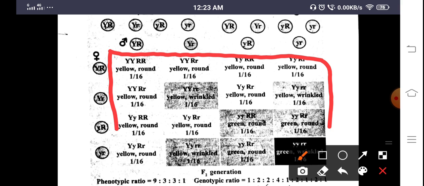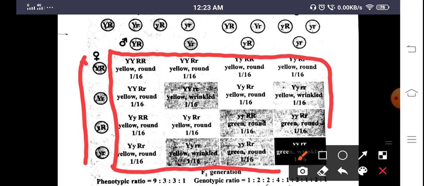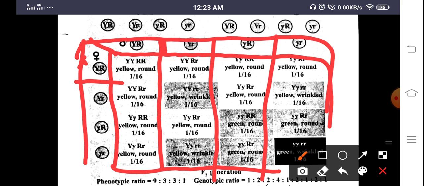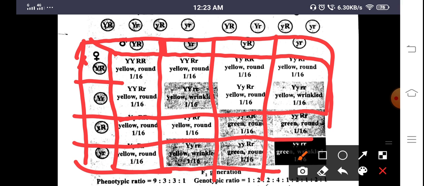So this is the Punnett box. Here we have taken the female gametes, and these are the male gametes.